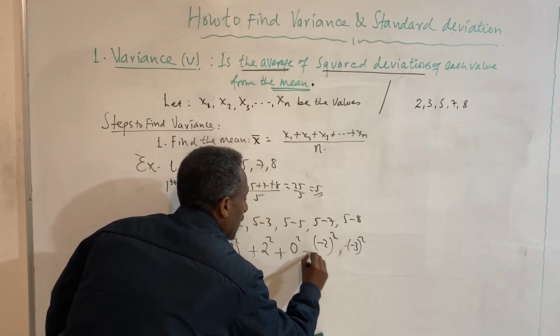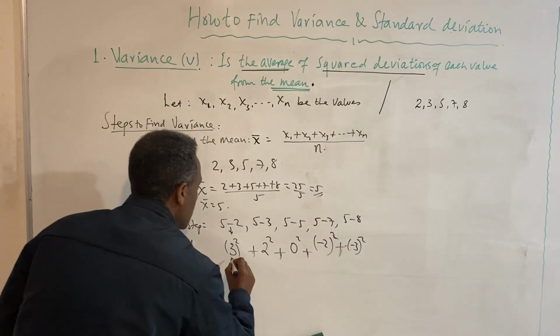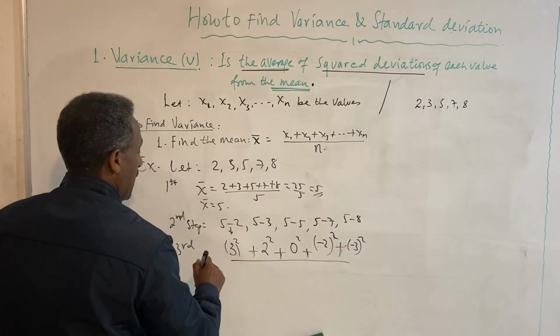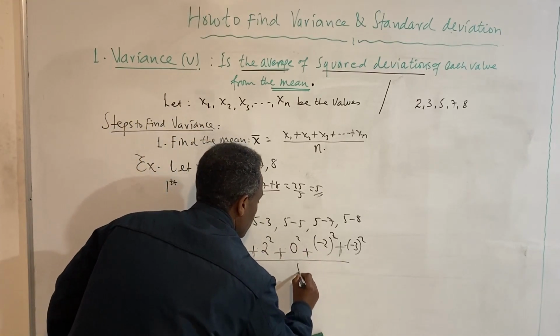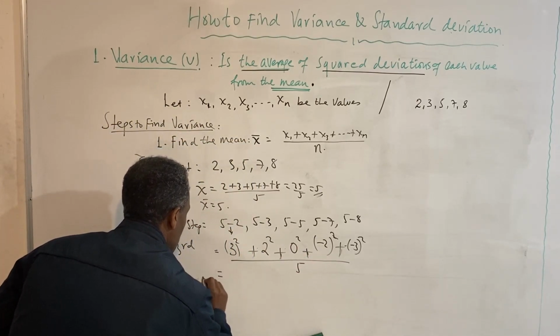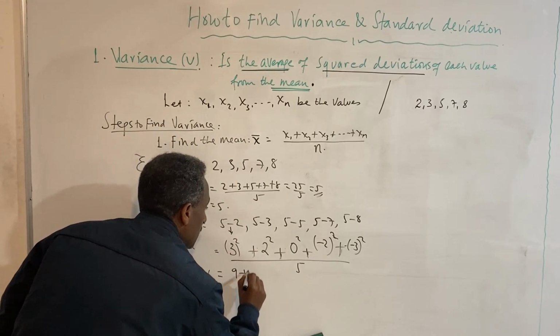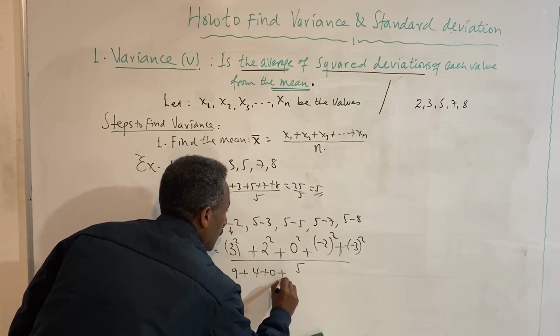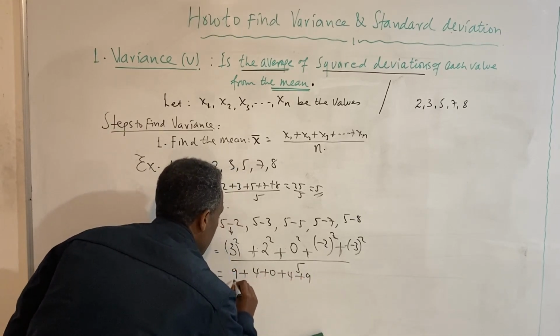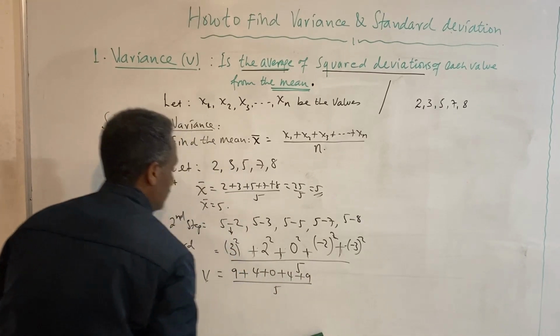Then add them. Add and divide by 5. 1, 2, 3, 4, 5. Then the variance will be what? This is 9 plus 4 plus 0 plus 4 plus 9 over 5.